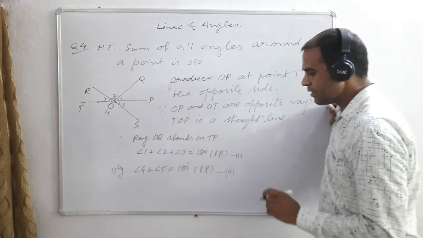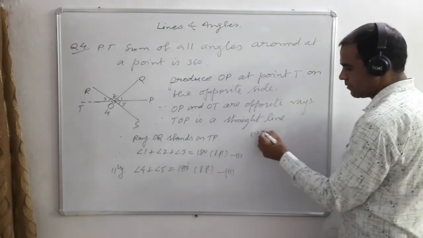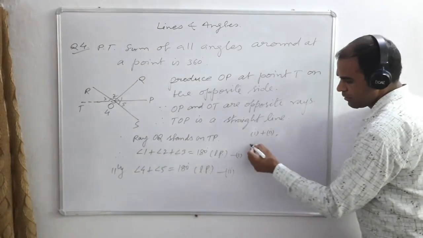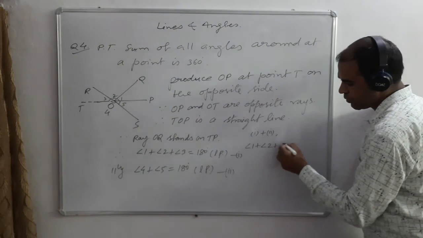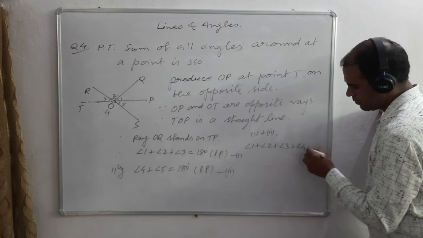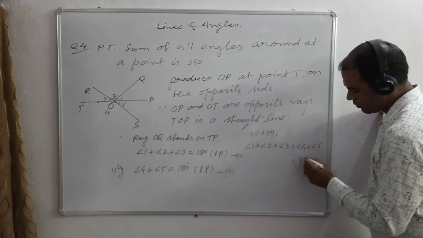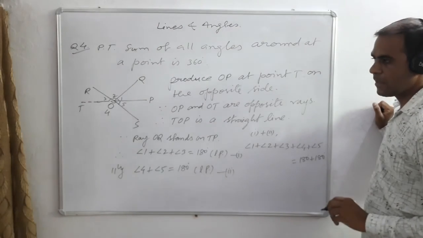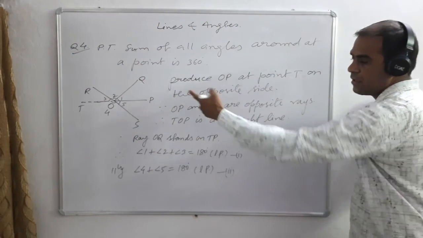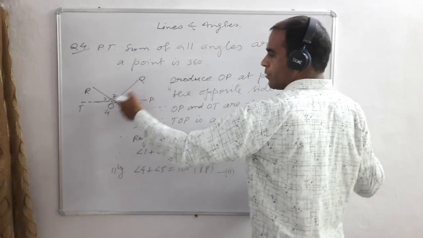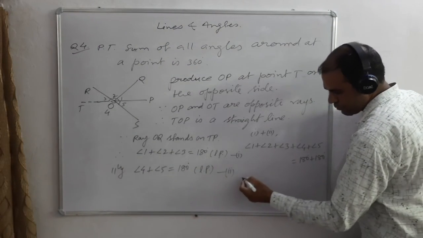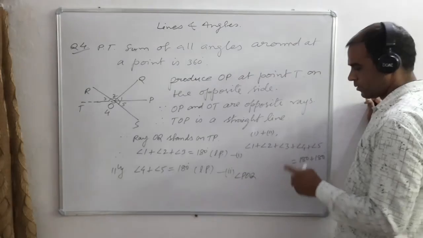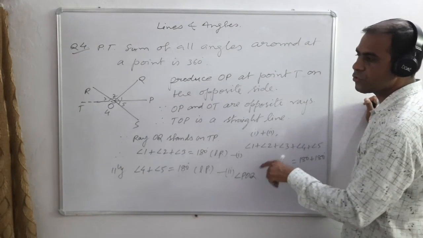Adding first and second, angle 1 plus 2 plus 3 plus 4 plus 5 equals 180 plus 180. This angle 1 is the angle POQ. Angle 2 is QR.